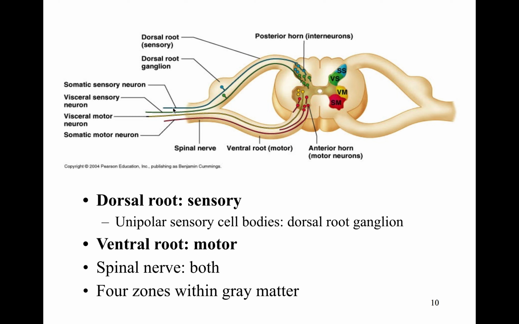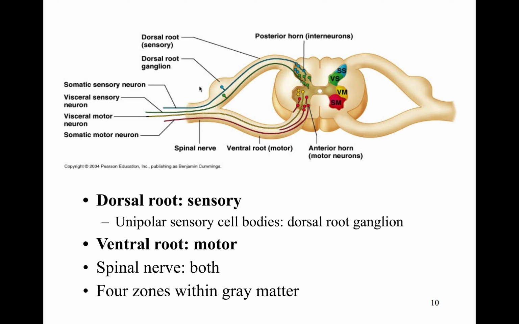So think of it as sensory information comes into the spinal cord through the dorsal root of the spinal nerve, synapsing with the dorsal horn of gray matter. Motor output is going to be relayed from the brain down through the spinal cord to the spinal nerve through the lateral and the ventral horns of gray matter of the spinal cord, through the ventral root of our spinal nerve, and then to our effector organs.